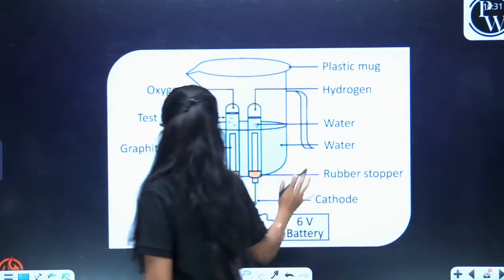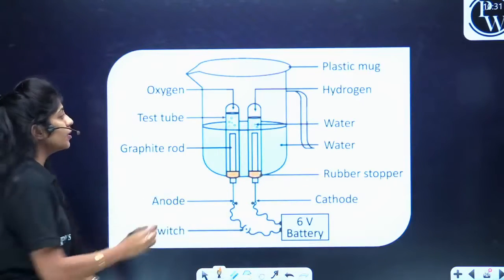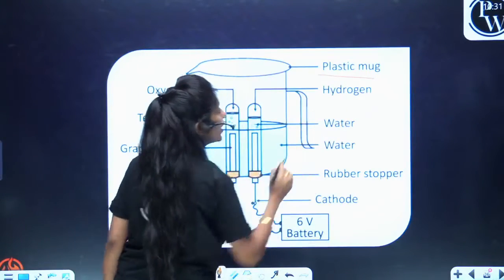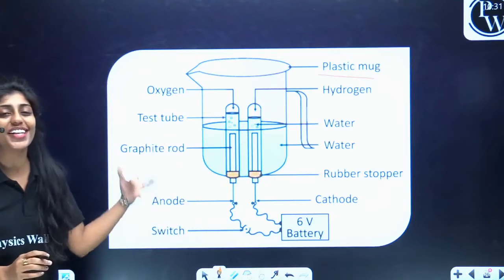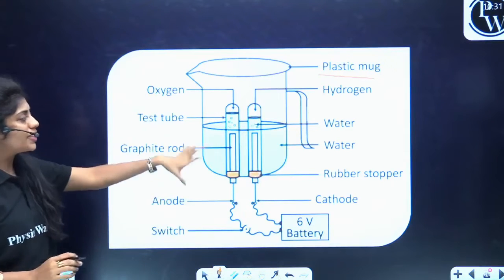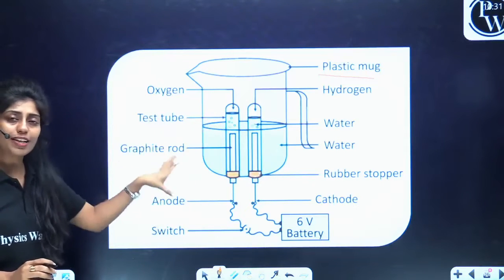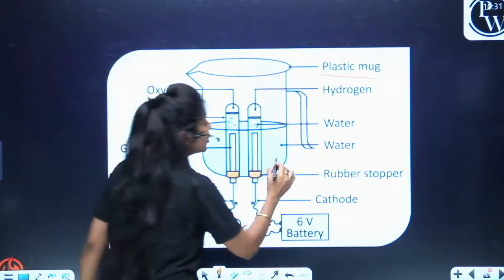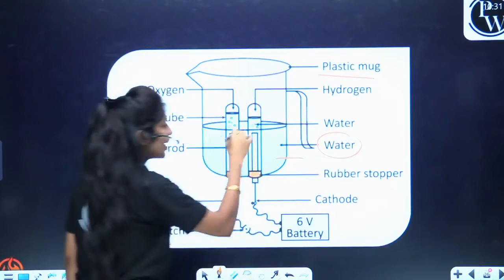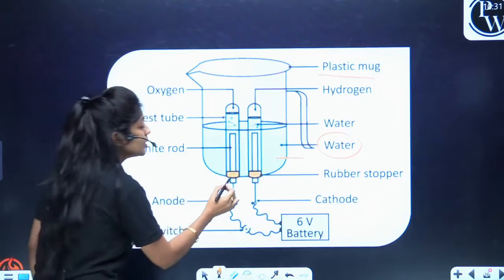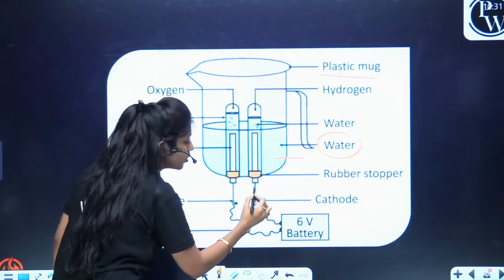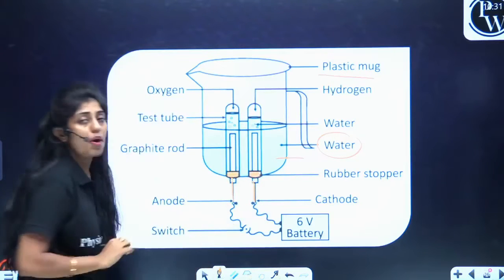So in this reaction, we have an apparatus, a plastic mug. This is very important to understand how this reaction takes place. Next is the water present inside this mug. Next we have inserted two graphite rods. These are the two electrodes.